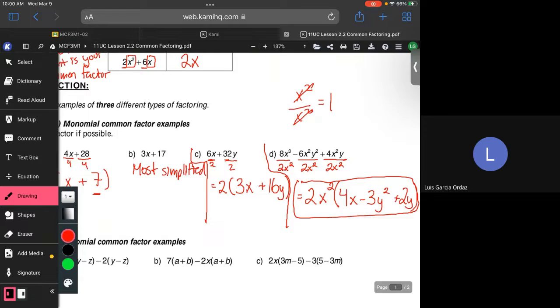So any questions about this so far before I move on? Yes, Elisa? x squared divided by x squared is just 1, because you're dividing something by itself, and that's always going to give you 1.